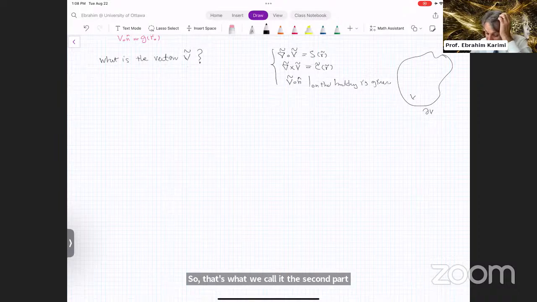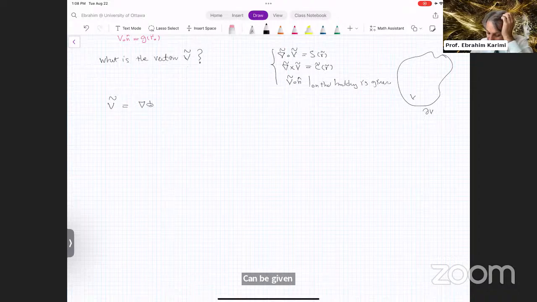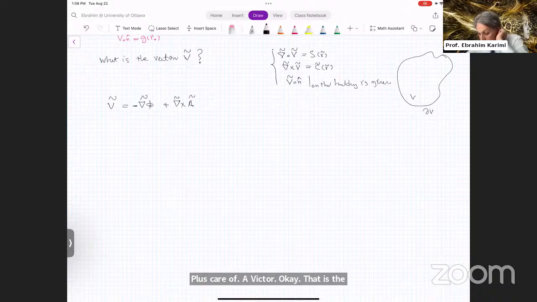Helmholtz theorem says that V can be given by a gradient of a scalar, with a minus sign for convention, plus the curl of a vector. That's the assumption, and that's what the Helmholtz theorem tells us.